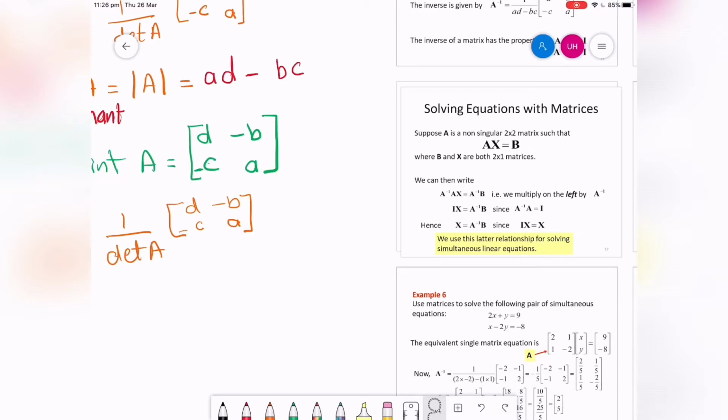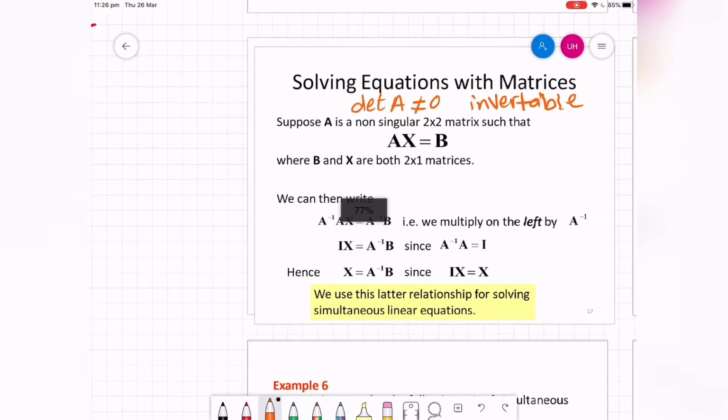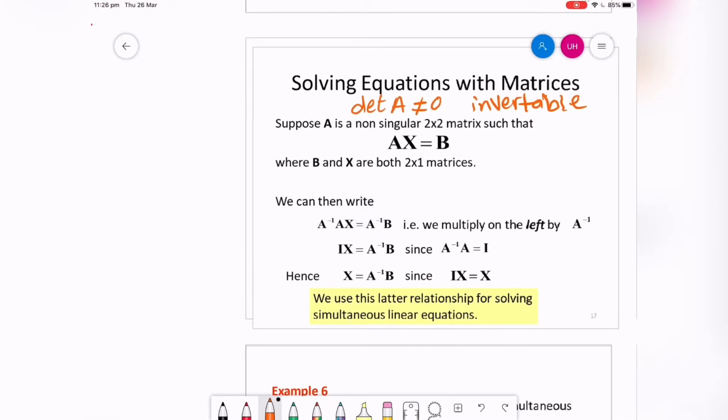So when we say non-singular, it means the determinant of A is not equal to 0, and that means it is invertible, we can find the inverse for it.